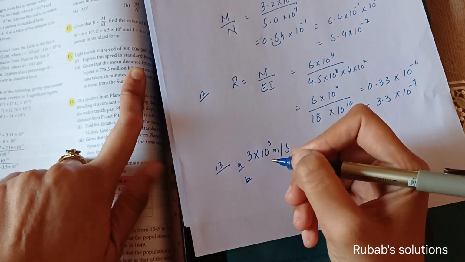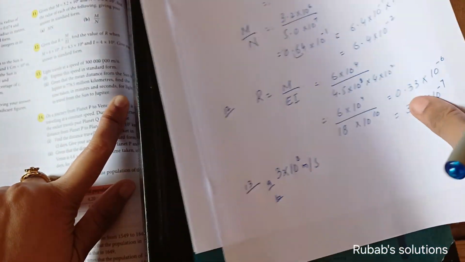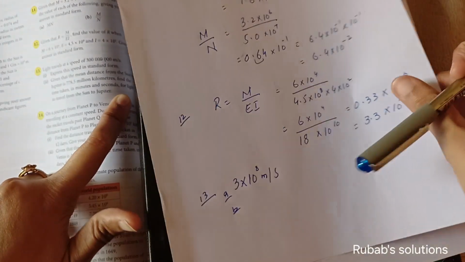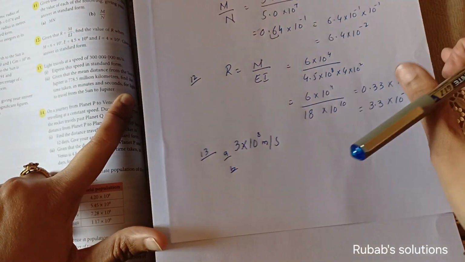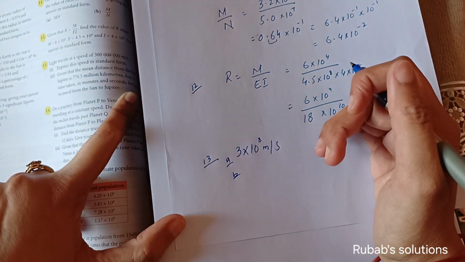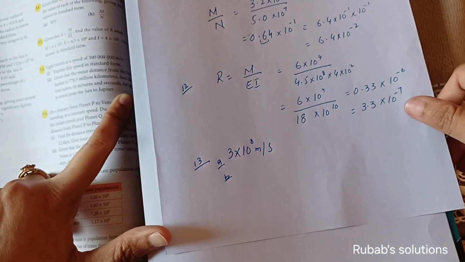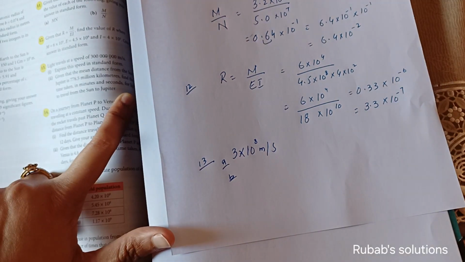And part B, given that the mean distance from the sun to Jupiter is 778.5 million kilometers, find the time taken in minutes and seconds for the light to travel from the sun to Jupiter. Okay.